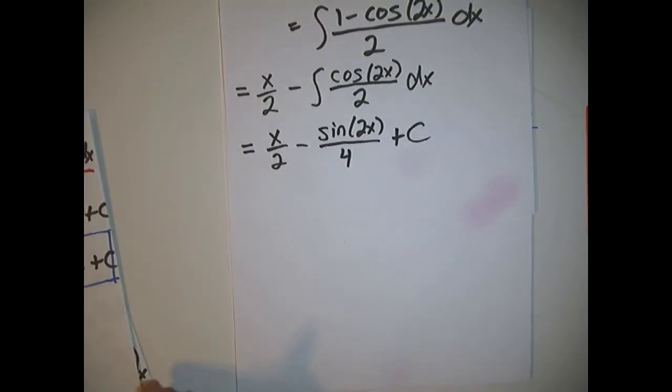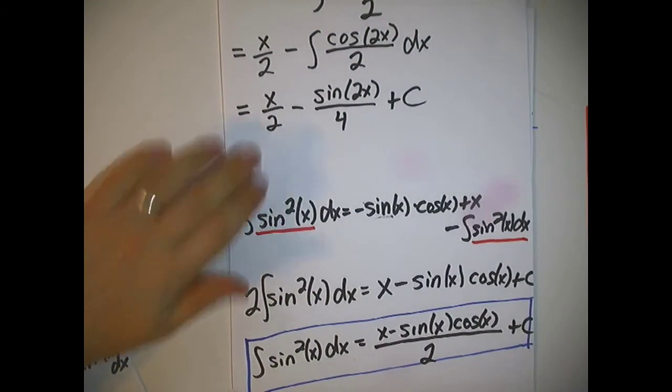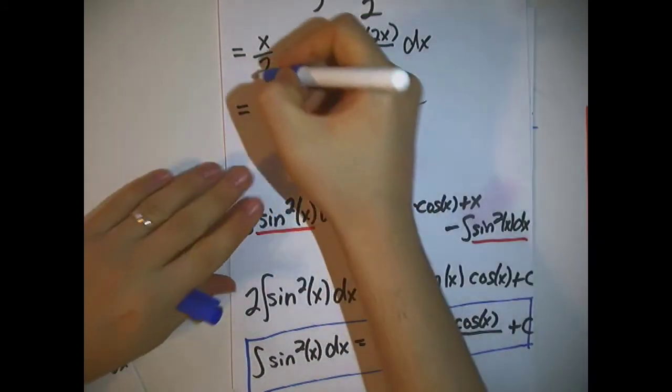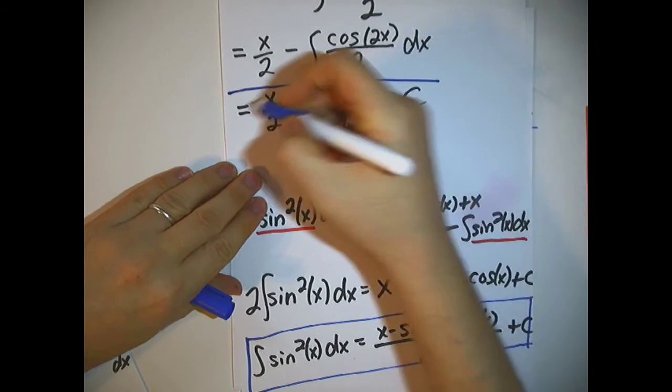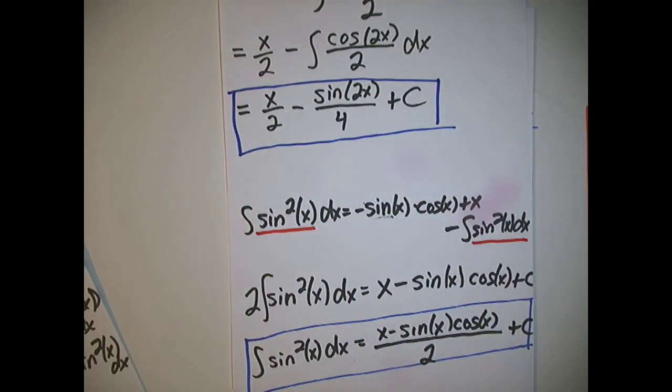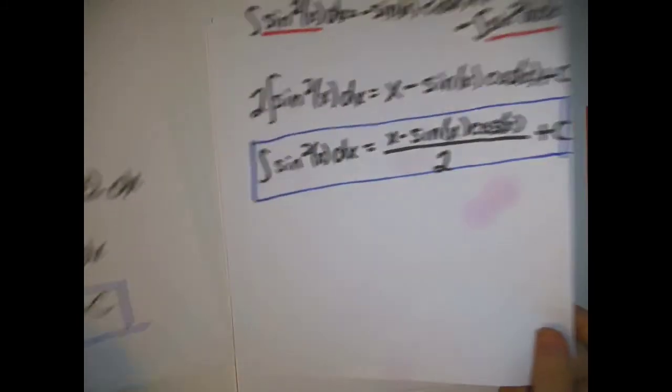Now, it might briefly upset you that that answer and that answer, this answer and this answer up here, are not obviously the same. But to resolve this seeming discrepancy, the thing we need to know is the double angle formula for sine of 2x.